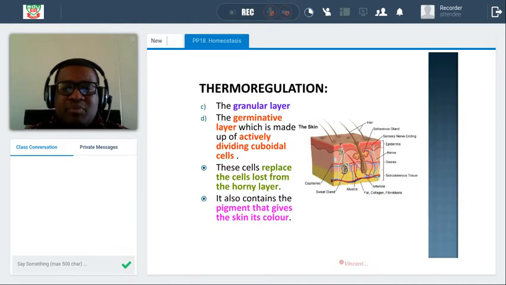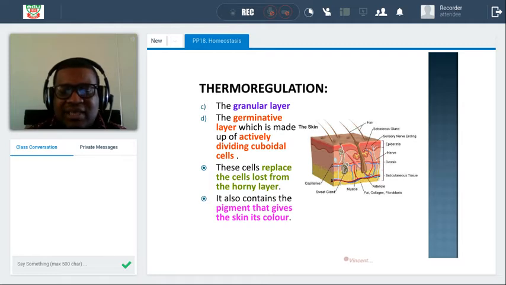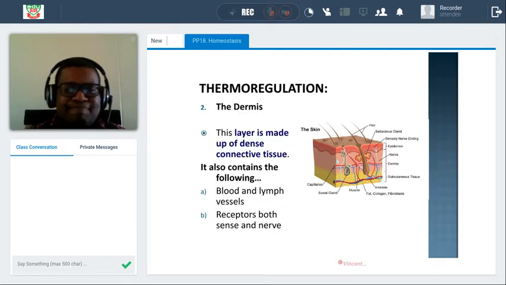Then you have the granular layer, and the last layer, the germinative layer, which is made up of actively dividing cuboidal cells. These cells replace the cells lost from the horny layer. When skin peels off, those cells replace it. It also contains the pigment that gives the color of the skin, which is called melanin.